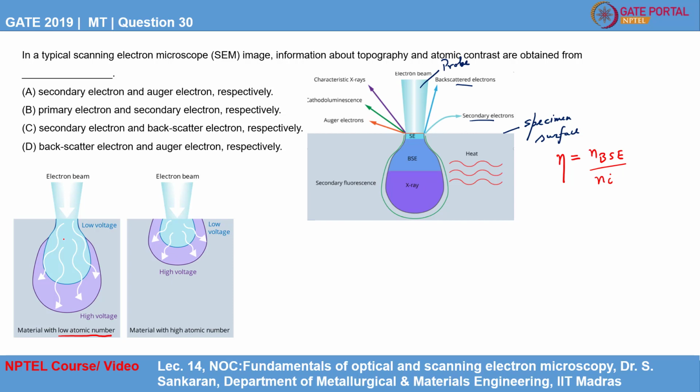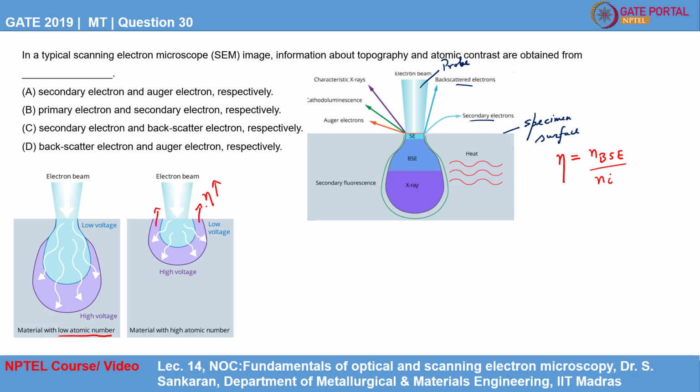While on the other hand, in the material with higher atomic number, the elastic scattering is going to be higher because of the larger, heavier nucleus, and thus the backscatter electron yield will be higher in case of higher atomic number.